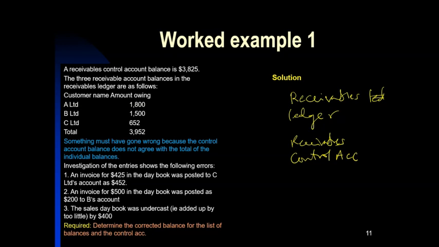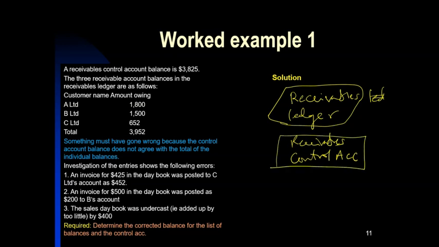I have indicated already. You just have to know that the receivables ledger is simply a memoranda record, or a list of balances for receivables. The receivables control account is the balance that is found on the general ledger. This is the balance which is part of the double entry bookkeeping system.